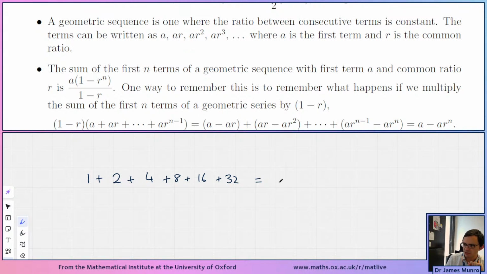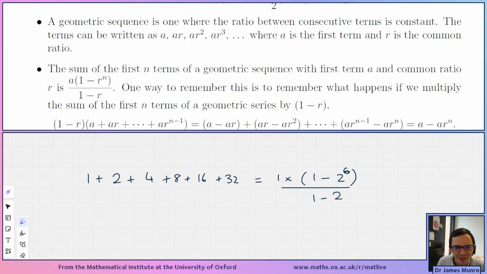I said that way too fast. I'm just going to quickly write down this, although I realised that this is not an incredible example. So the formula I've given you there is a times 1 minus r to the n, where n is the number of terms. 1, 2, 3, 4, 5, 6 terms again. 2, 4, 8, 64. There's my 64.